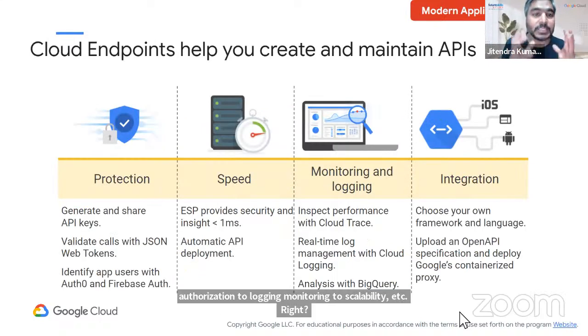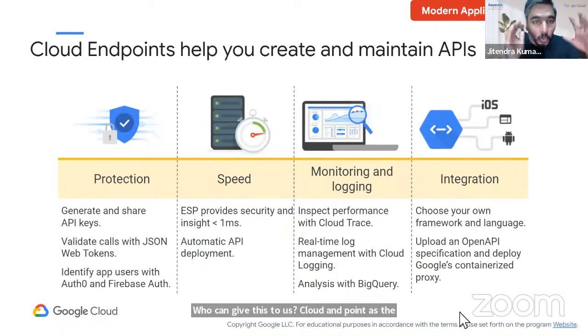Cloud Endpoints as the API gateway gives us all of this out of the box. So when I write my Java application, I focus on the business logic. I don't focus on actually building the API interface which can scale or which can give me authentication and authorization capability. Why? Because that is given by Cloud Endpoints for me.